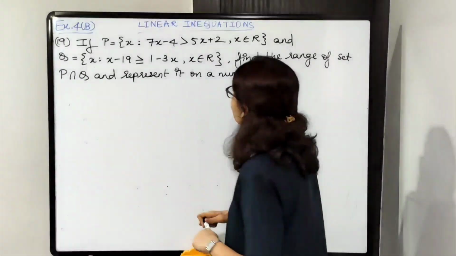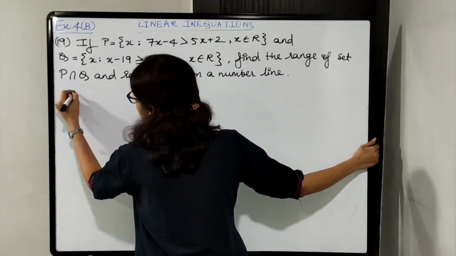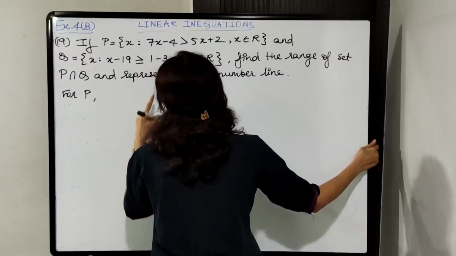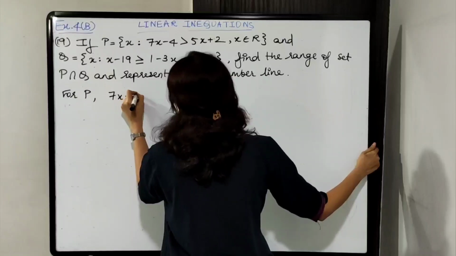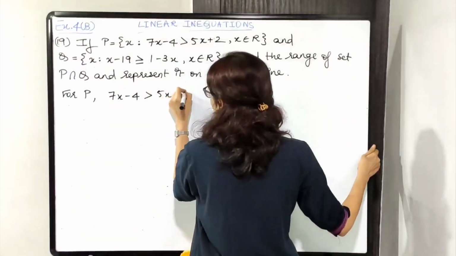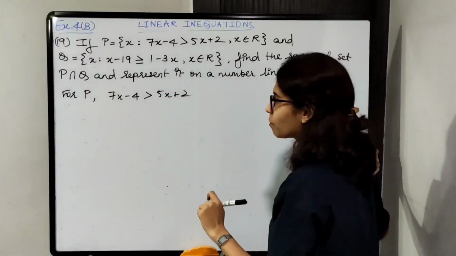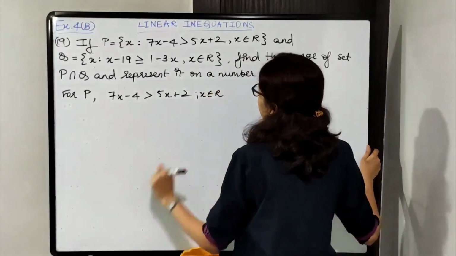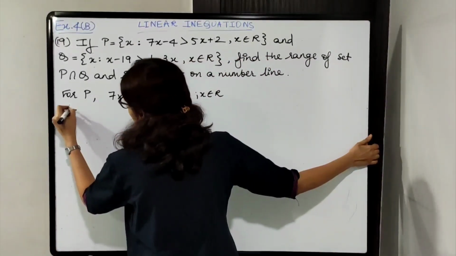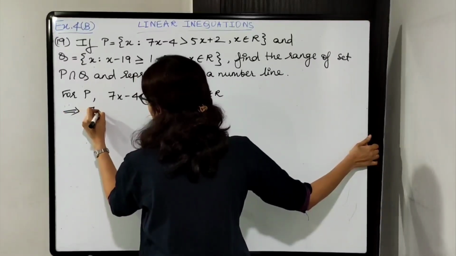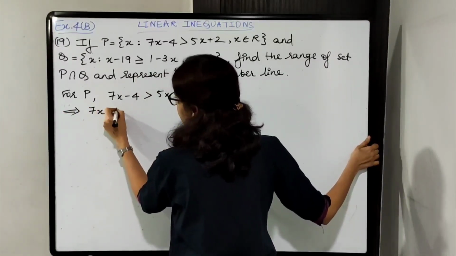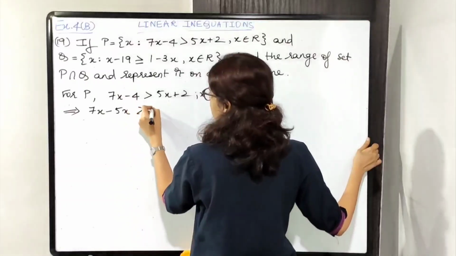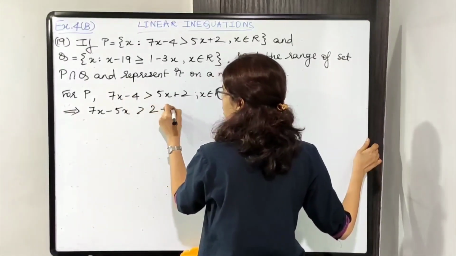So for p we are given the inequation 7x minus 4 is greater than 5x plus 2. We'll solve this, where x belongs to R. So 7x as it is, we shift 5x, minus 5x, greater than 2 as it is, we shift 4, it will become plus 4.